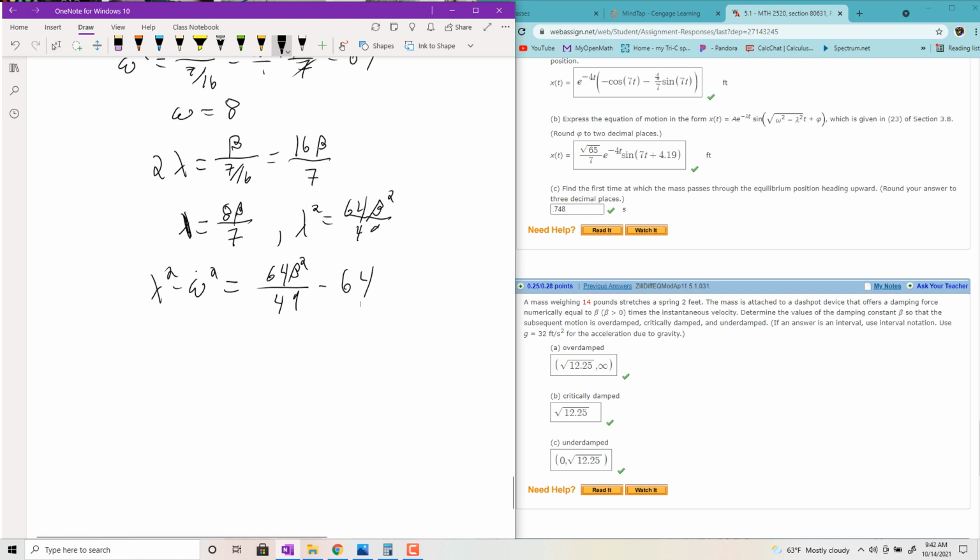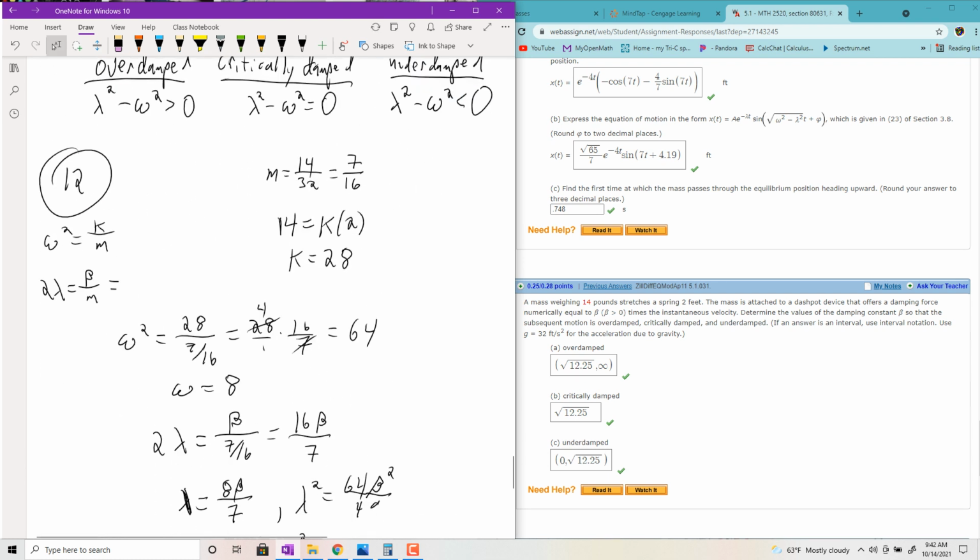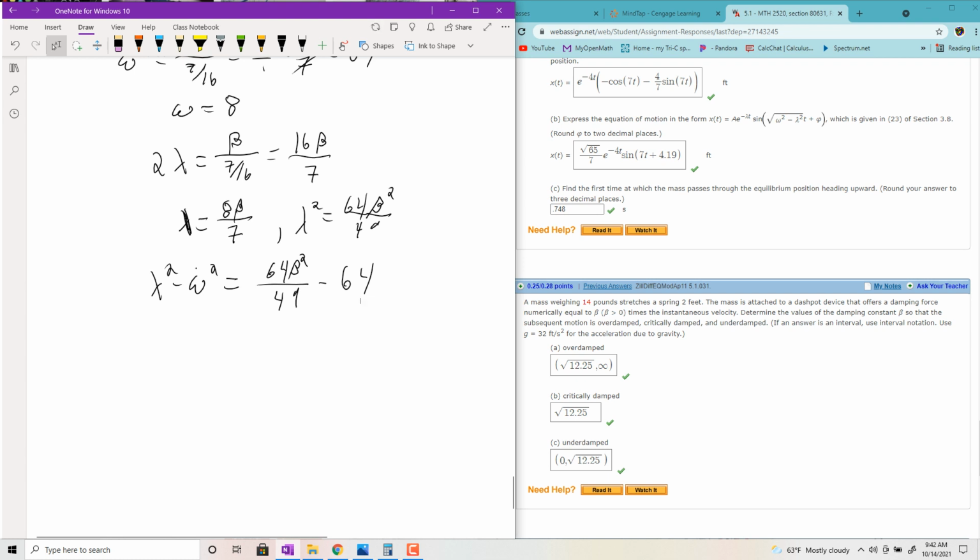What you want to do is set that equal to 0 so you can find where it's critically damped. That will cut your set of values into two intervals. So setting this equal to 0, I'm going to multiply everything by 49. So I get 64 beta squared minus 64 times 49 equals 0. And then I can move the 64 times 49 to the other side.